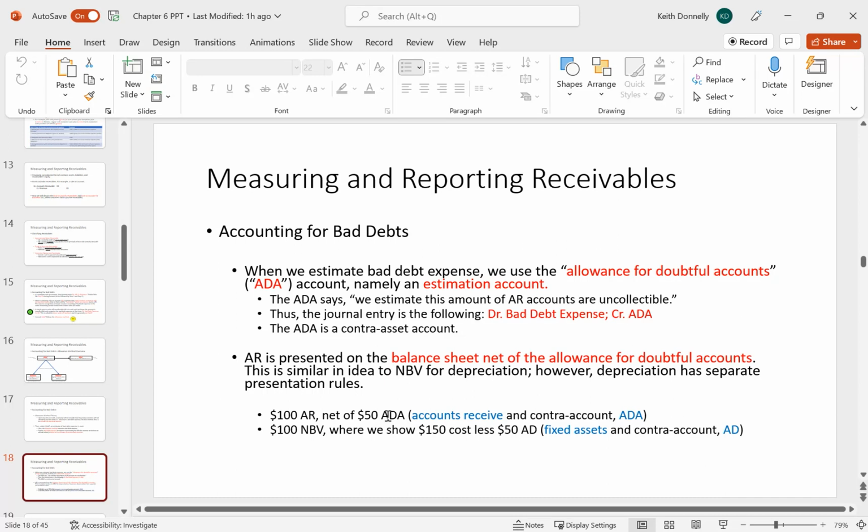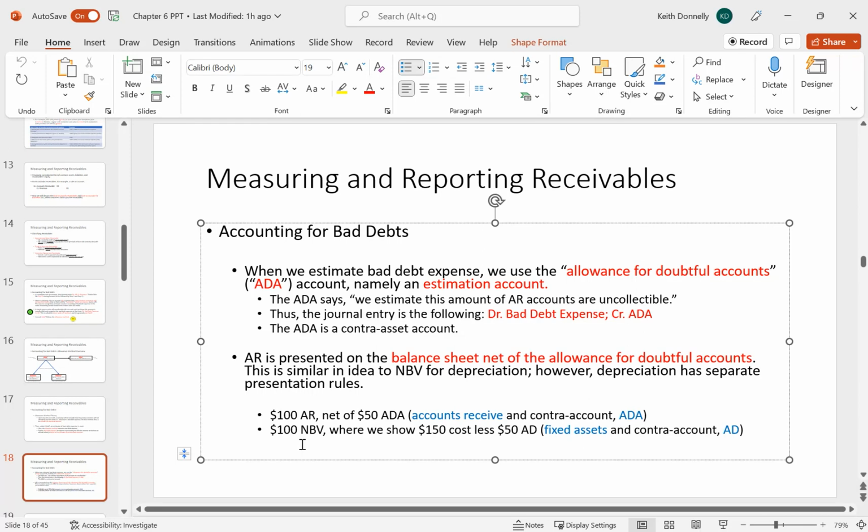The idea is that we truly have 150 of gross accounts receivable, but once we back out this 50 for the allowance for doubtful accounts, we show it there at 100. If you're looking at a balance sheet, it's going to be shown net of that amount.